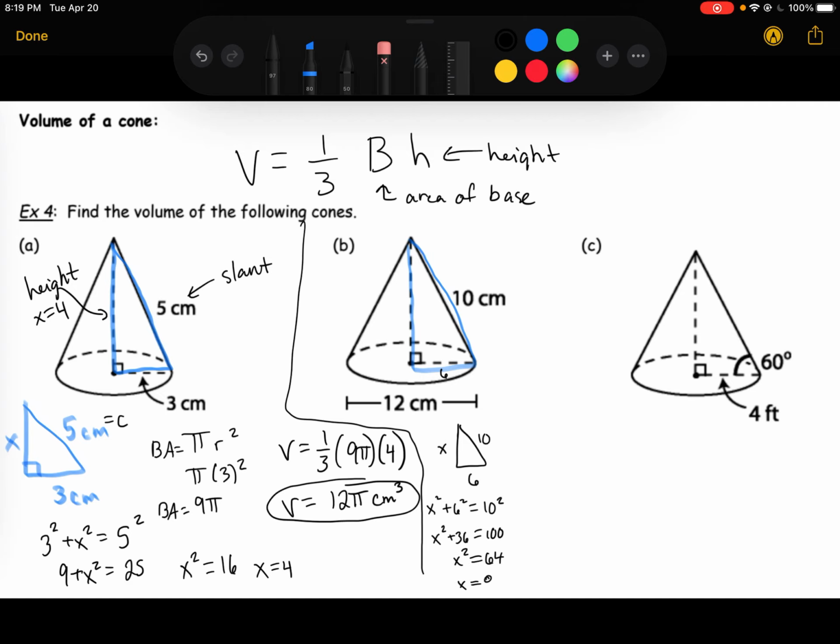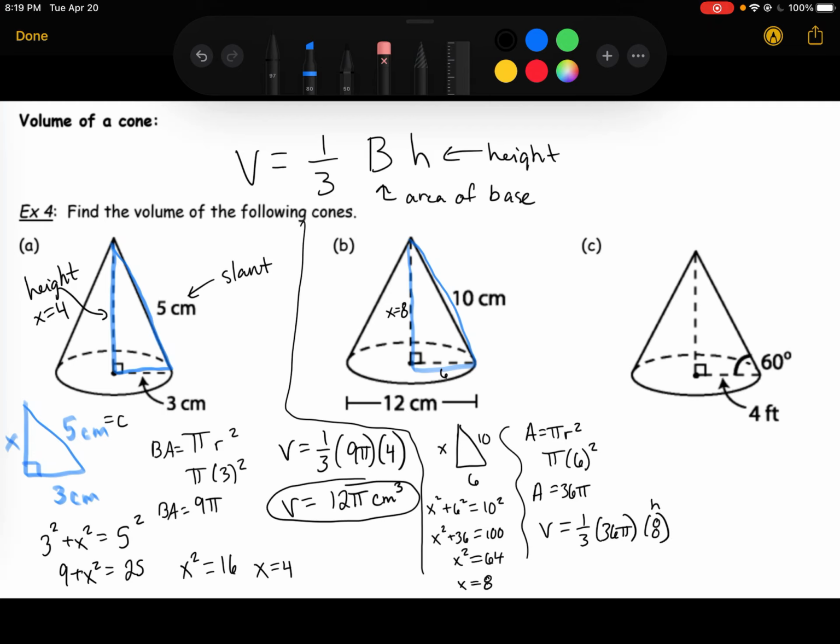So we can take x squared plus 6 squared to equal 10 squared, or x squared plus 36 to equal 100, x squared equals 64, or x equals 8. So our height in this case is 8. So why that's important is it lets us, again, find the area of the base, pi times r squared, or pi times 6 squared.